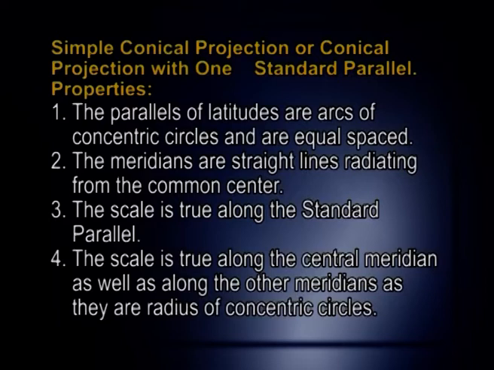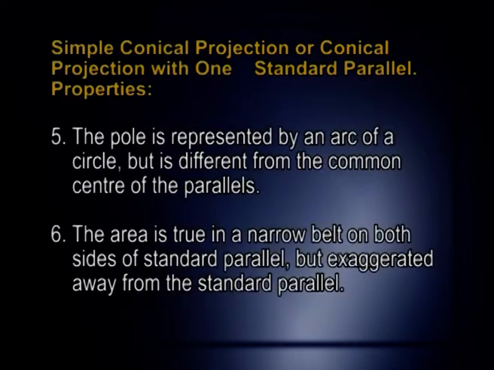Number 4, the scale is true along the central meridian as well as along the other meridians, as they are radii of concentric circles. Number 5, the pole is represented by an arc of a circle but is different from the common center of the parallels. Number 6, the area is true in a narrow belt on both sides of the standard parallel but exaggerated away from the standard parallel.